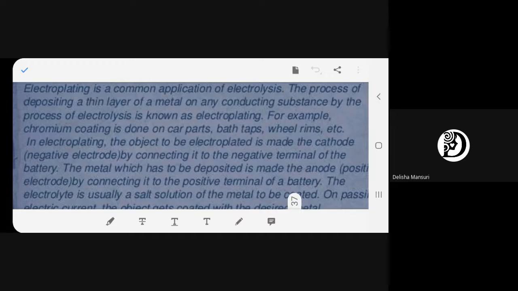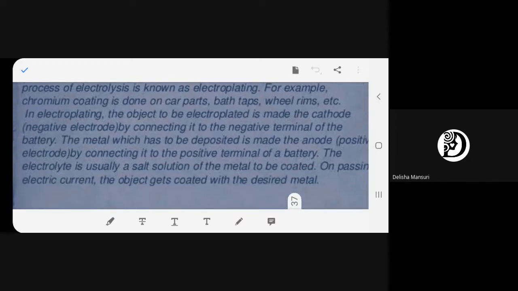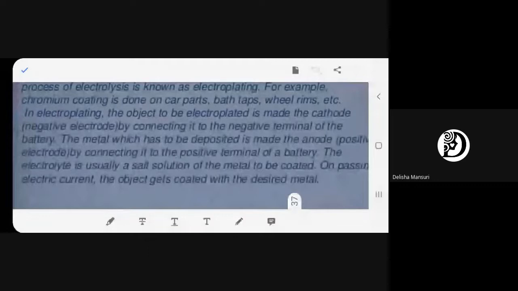Next, for example, chromium coating is done on car parts, bathtubs, wheel rims, etc. In electroplating, the object to be electroplated is made the cathode, the negative electrode, by connecting it to the negative terminal of the battery.